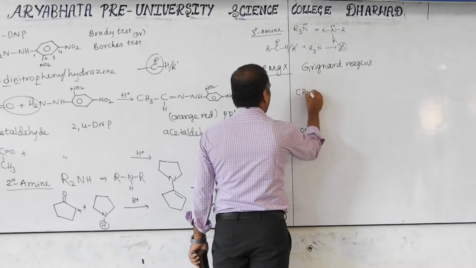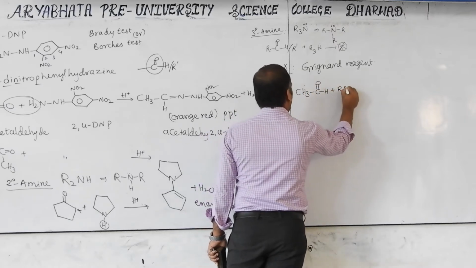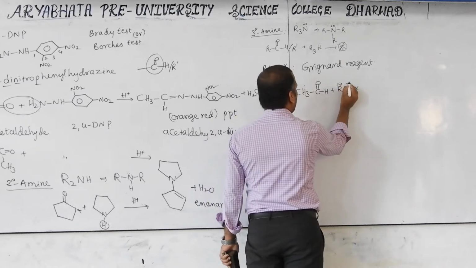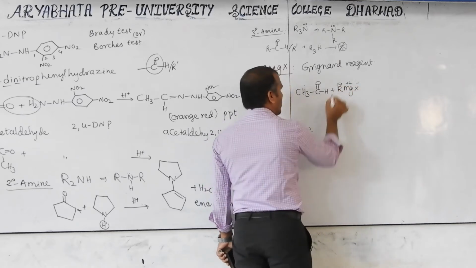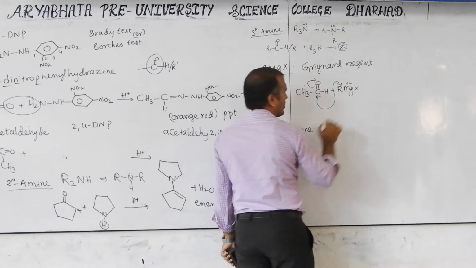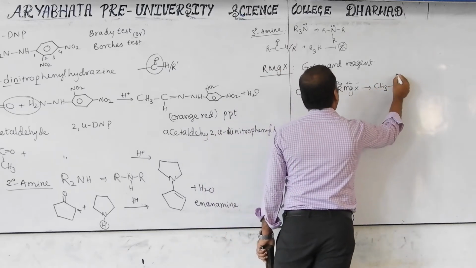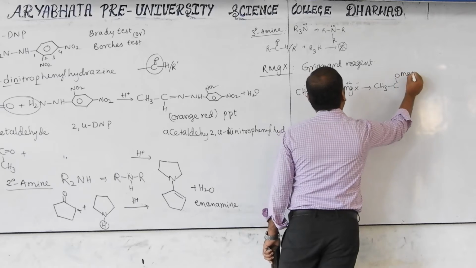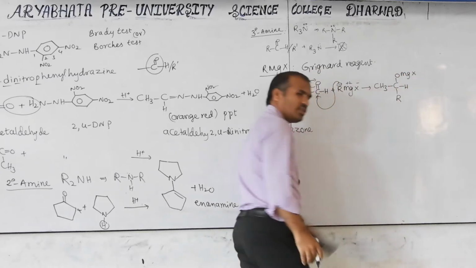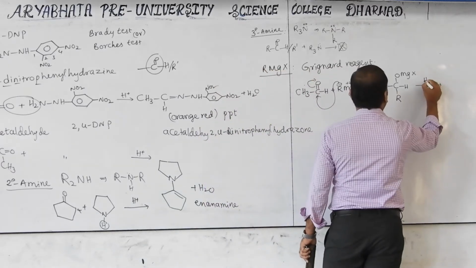Acetaldehyde, CH3, C double bond O, H, first step RMgX. This is negative, this is plus, this is minus. The R group will attack the carbon and the pi bond will shift towards the oxygen. Then we get CH3, OMgX, here H. This intermediate product forms after acidic hydrolysis.